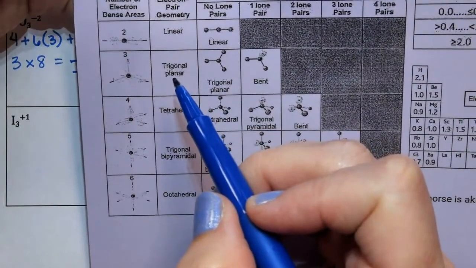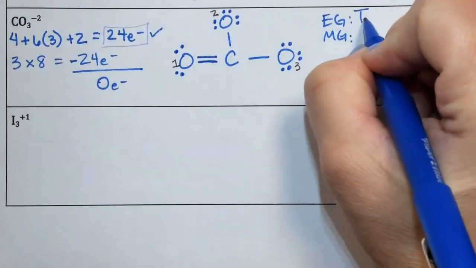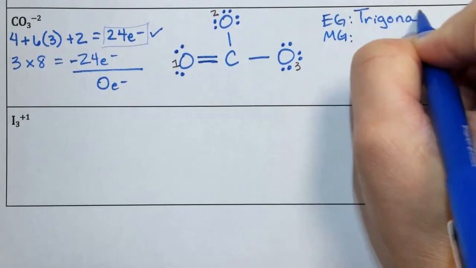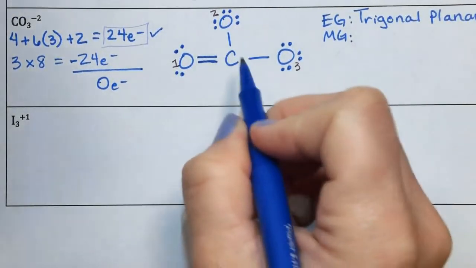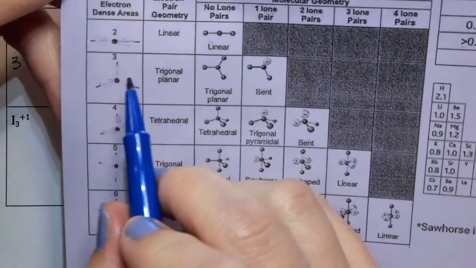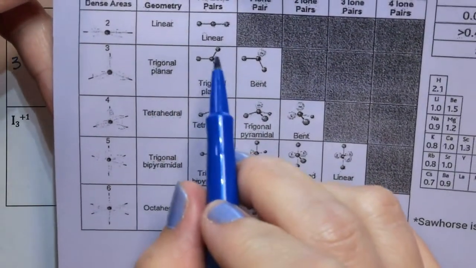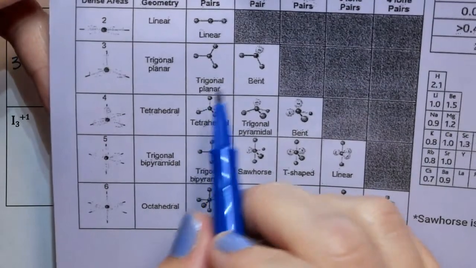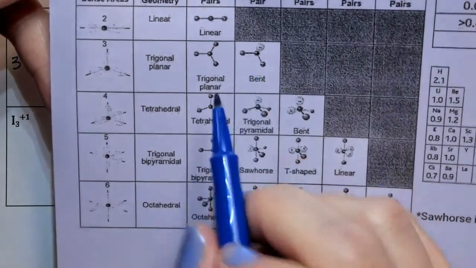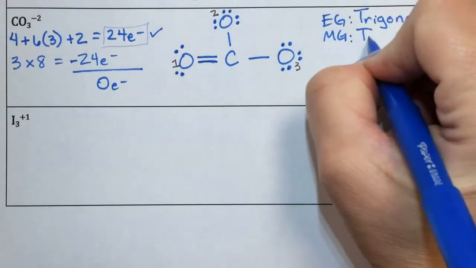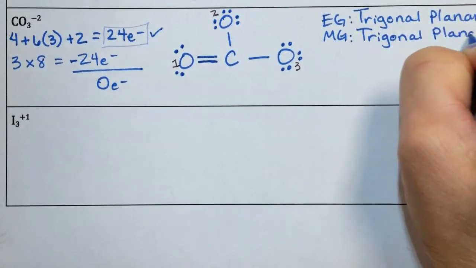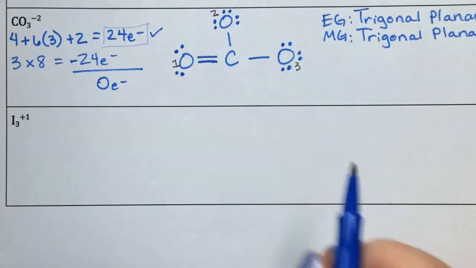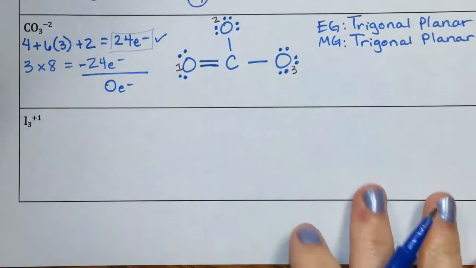That's going to be called trigonal planar. And there are no lone pairs on the center atom. So when I look here, it's going to be trigonal planar again, because we don't have a lone pair on the center. So fun fact, anytime there are no lone pairs on the center, then both of these names are always going to be the same as each other.